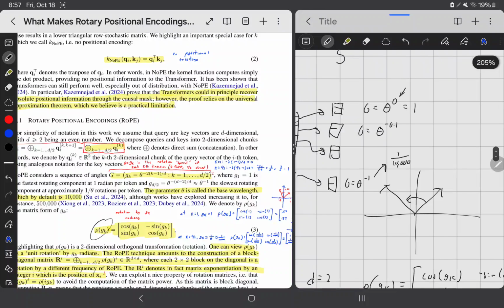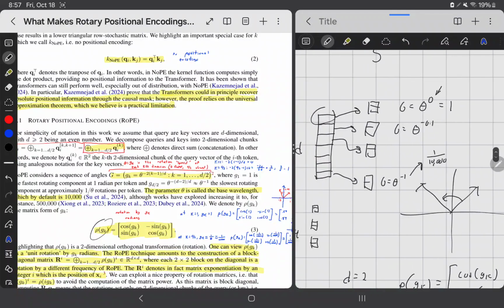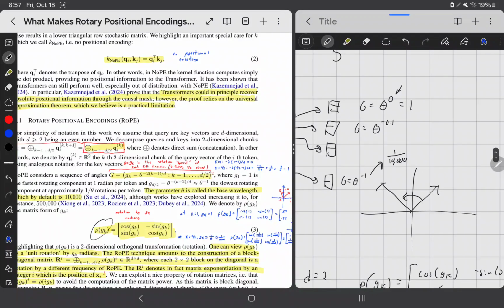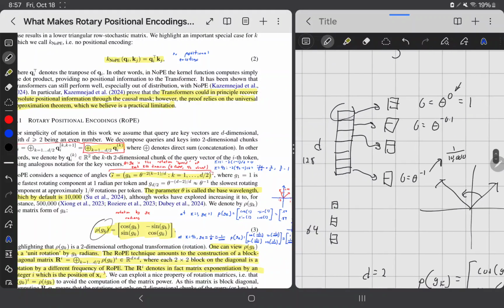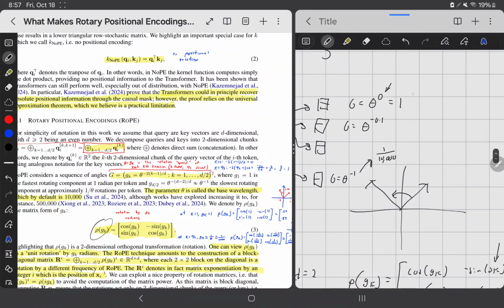So what you do is you define these rotation matrices, which are rotating the dimensions independently based off these pairs. And you're going to have different frequencies for each pair. The first frequency is going to be 1, so it'll be a very high frequency. This is basically rotating by 1 radian, so you get quite a bit of rotation.